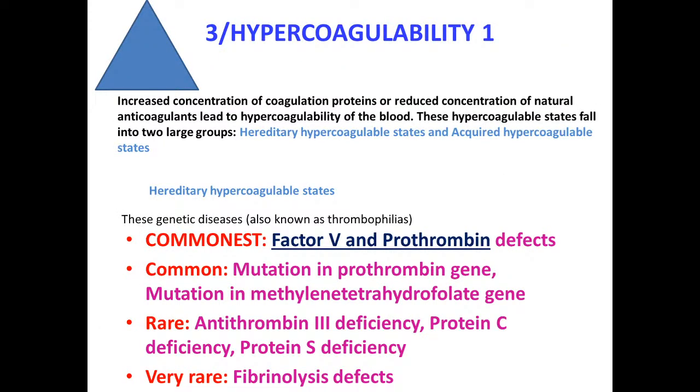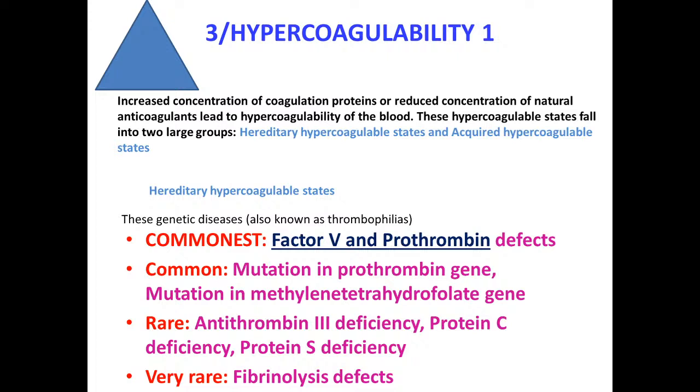And hypercoagulability, increased concentration of coagulation proteins or reduced concentration of natural anticoagulants leads to hypercoagulability of blood. Thus, hypercoagulable states fall into two large groups: hereditary hypercoagulable states and acquired hypercoagulable states.